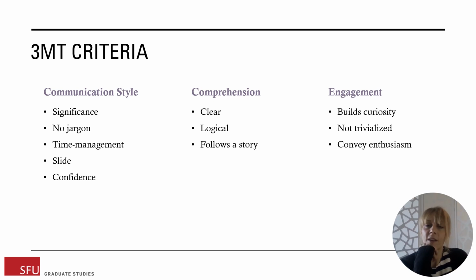So 3MT criteria. This is what the judges are essentially looking for based on the rubric. It's divided up into a few categories: communication style, comprehension, so that's more of that content, and then general engagement. Important pieces with communication style: significance, what is the impact of what you're doing, jargon.